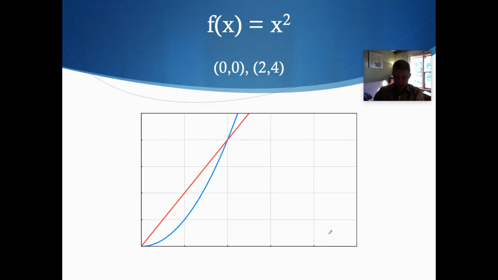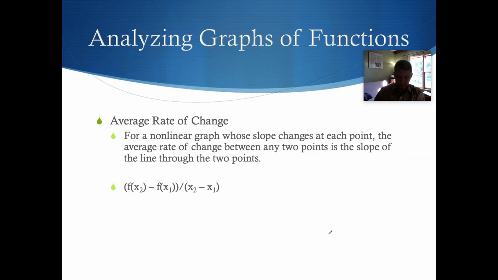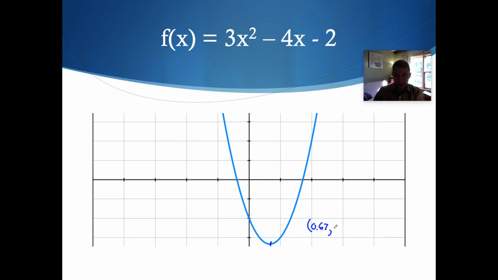0.67, negative 3.33. So this is negative 3.33 on the y-axis, and this is 2/3 or 0.67 on the x-axis. If you find this point, that's what you end up finding.